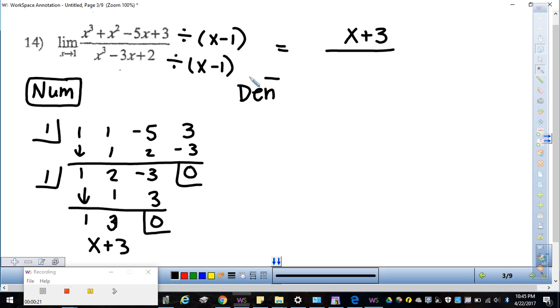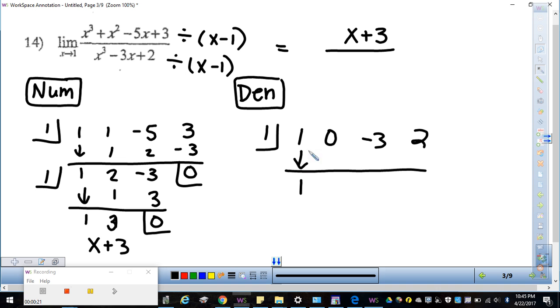Now we're going to do the same thing with our denominator. We'll divide it by x minus 1. Notice how we're missing the x squared term, so we're going to put a 0 in its place. Remainder of 0. 1x squared plus x minus 2. If we were to plug in 1 here, again it would be 1 plus 1 minus 2, which gives us a 0 on the denominator, which we don't want.